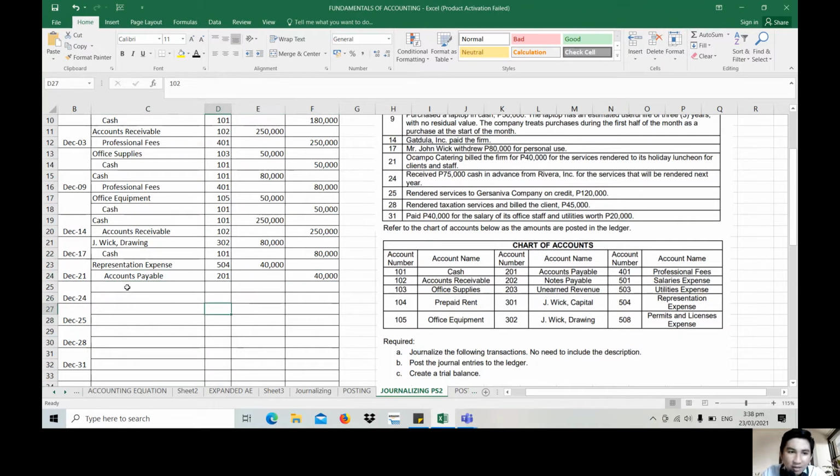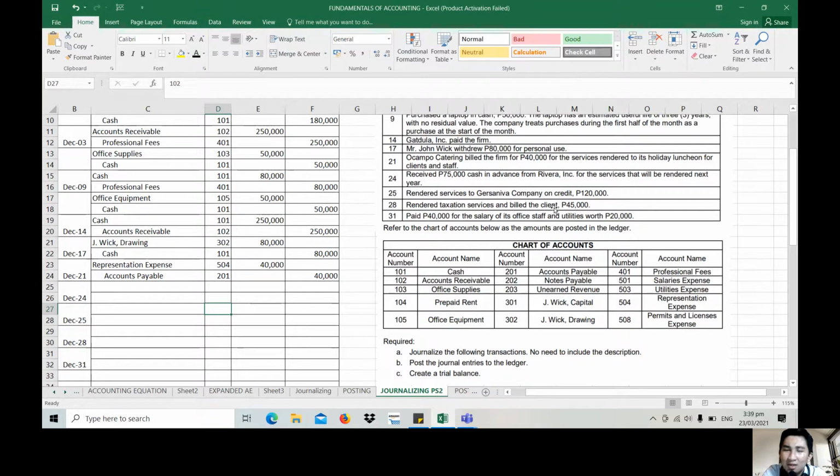Okay. Next, on December 24, naka-receive tayo 75,000 cash in advance from Rivera. So, Rivera is another company for the services that will be rendered next year. So, i-render pa natin ang serbisyo next year. So therefore, this is an advance payment. Okay, balik tayo sa accrual basis of accounting. So 'di ba, we recognize income when earned.